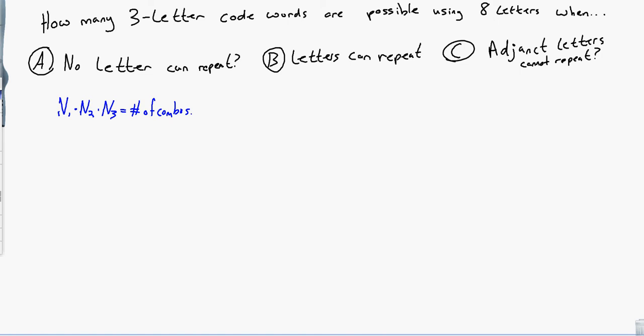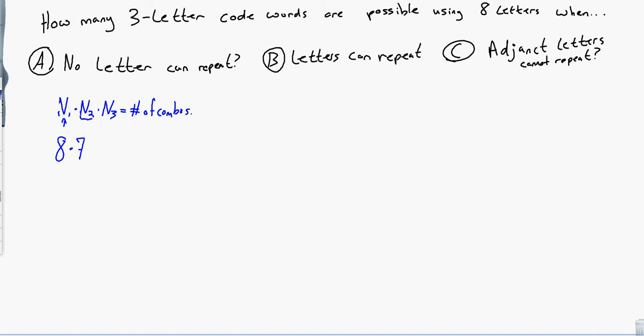All right, so let's deal with the first n. How many letters are available for our first n? We're going to have 8 letters available for our first n. And because no letters are allowed to repeat, the letter that was chosen for our first letter can't be used for the second letter. So we remove one of the letters from the 8. How many available options do we have for our second n?